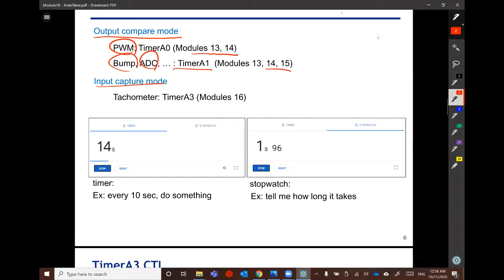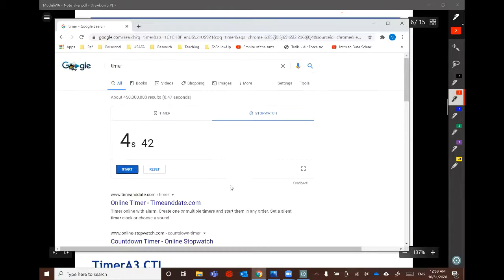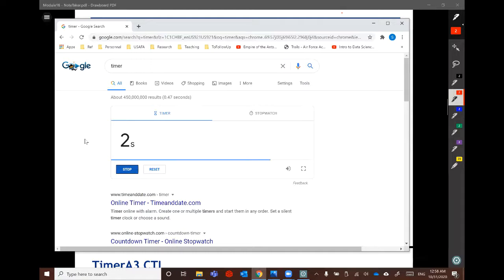To explain the difference between the two, let me just go to Google timer. Okay, so there are 2 different modes. Here, one is a timer and the other one is a stopwatch. Timer is basically you set a fixed time and then you start. Then in 5 seconds, it'll beep. Or this is an interrupt, right?